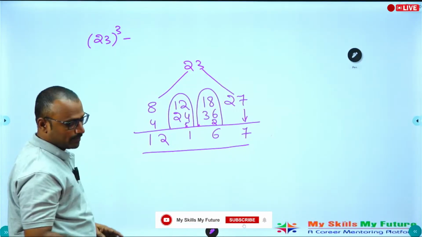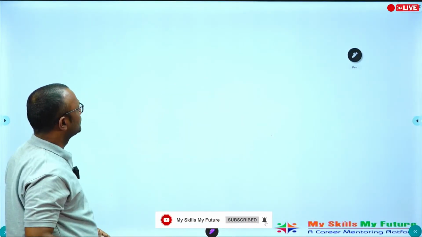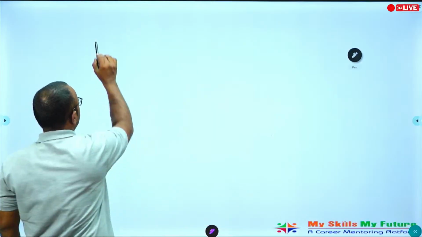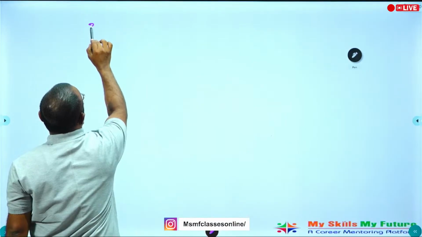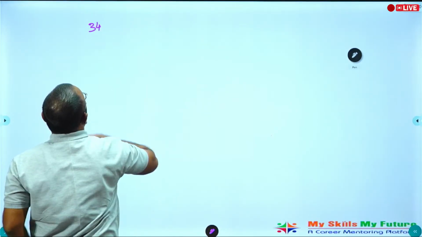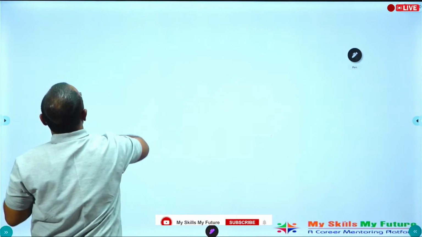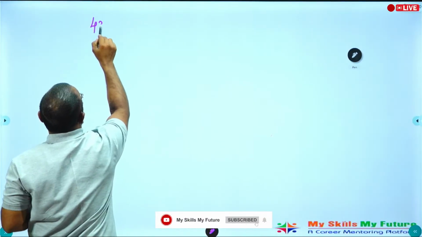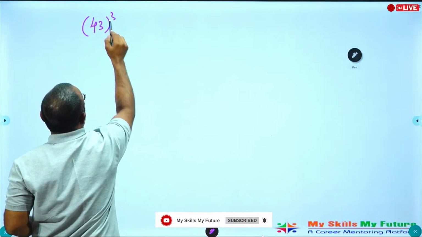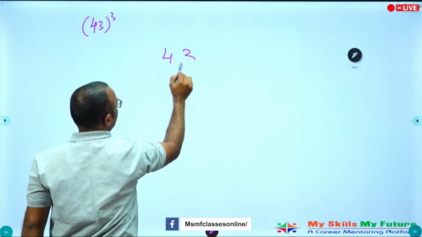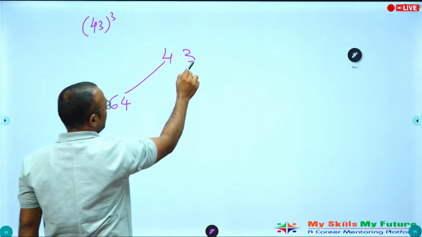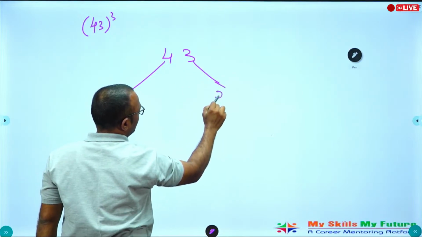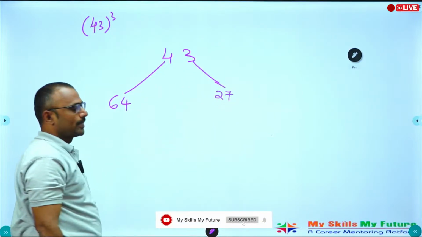One more example. I will take the value 43, 43 cube. So, write 4 3, write 4 cube here, 64, and 3 cube here, 27.